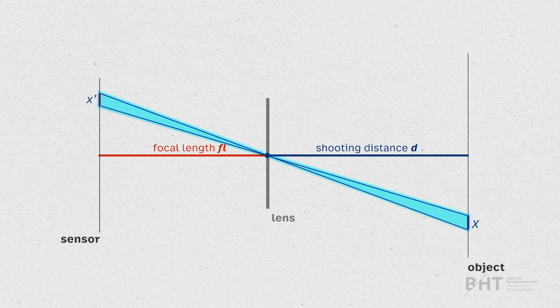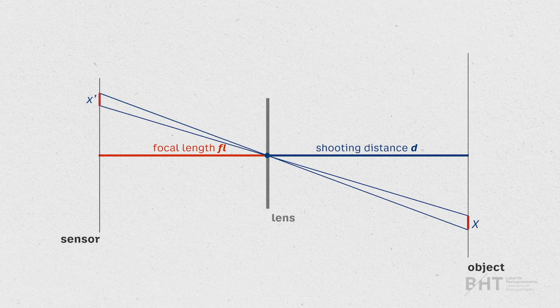The ratio of the shooting distance to the focal length is therefore the same as the ratio of the pixel size on the object to the physical pixel size on the sensor. And this ratio is also equal to the image scale. Sounds complicated? Take a look at the formula. Depending on which element we are looking for, we can rearrange the equation using some algebra.